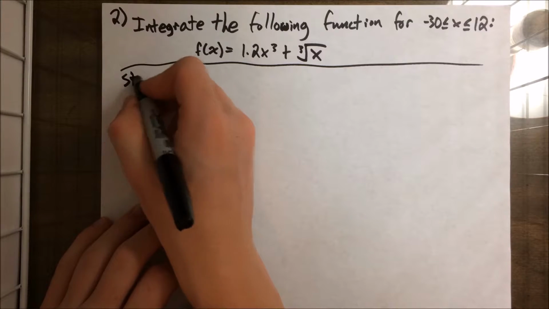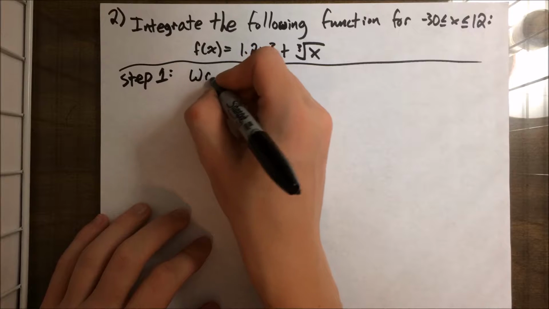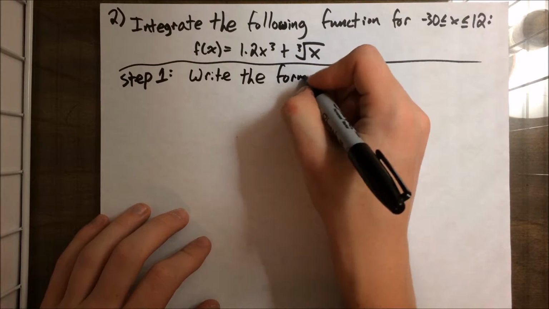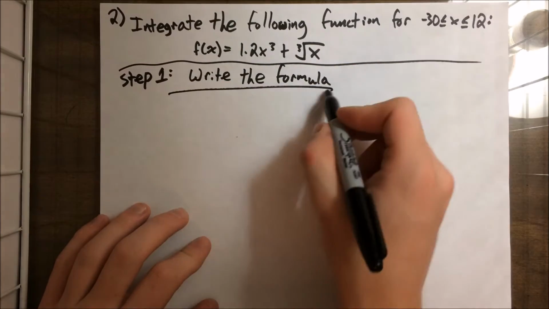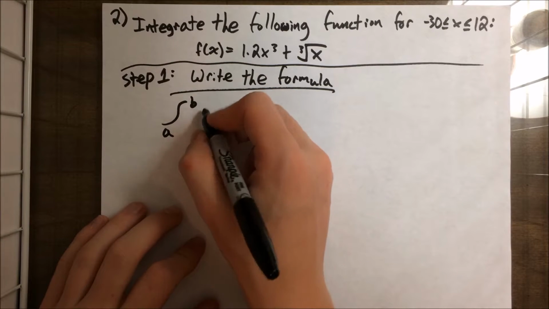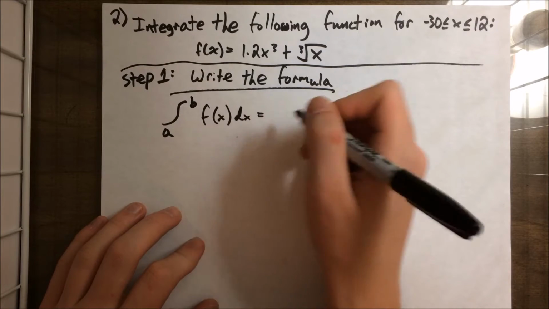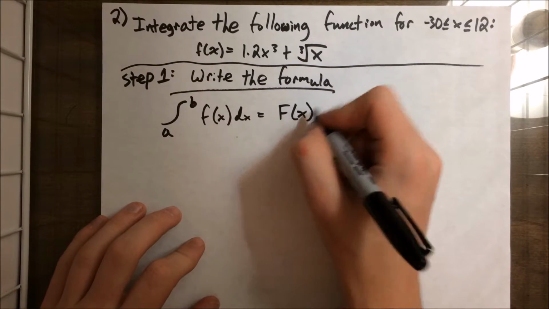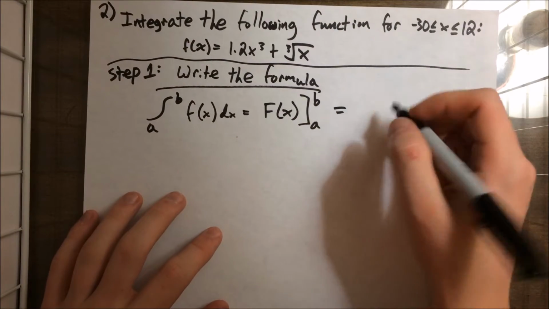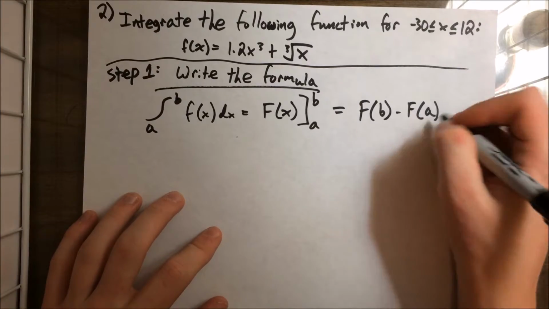So then step 1 is to write the formula. So the formula, again, is the integral from a to b of f of x dx is equal to capital F of x from a to b, which is equal to capital F of b minus capital F of a.